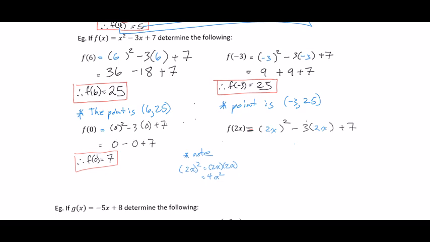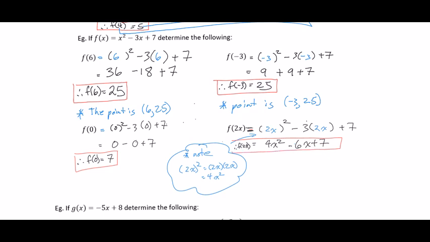So now, this portion here is going to end up being equal to 4x squared, and then minus 3 times 2x is going to be minus 6x plus 7. So therefore, f of 2x is just this value here.